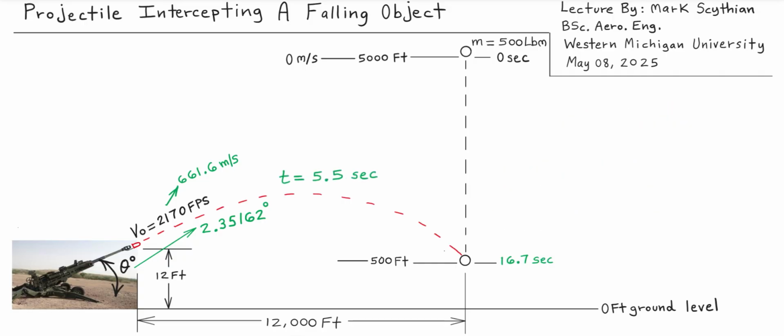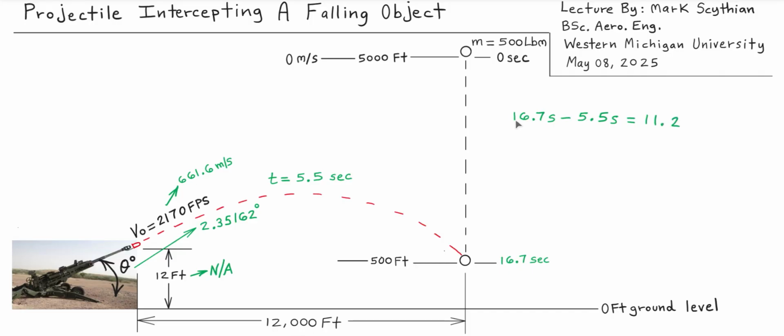So this means we're going to have to subtract, because these are values that are constants. They're kind of etched in stone based on the rules of physics on Earth. So what we can do to make a strategy, a protocol, we can subtract the time of flight of the projectile from the free fall time of impact, 16.7 seconds, and get 11.2 seconds.